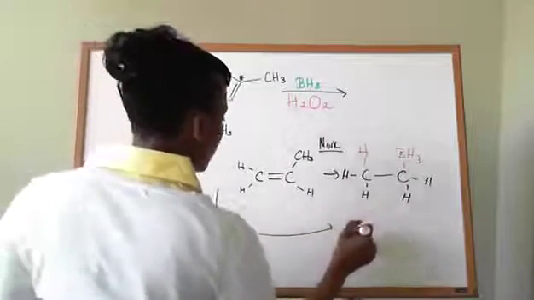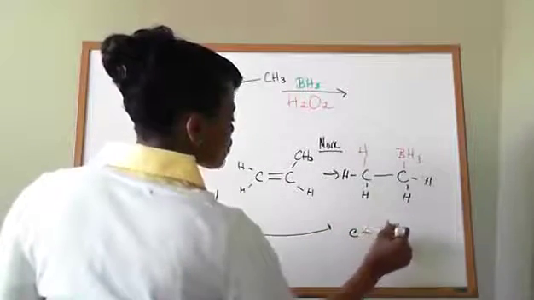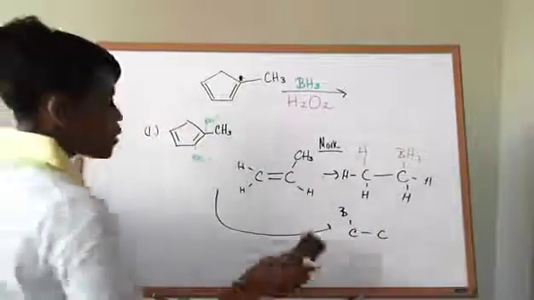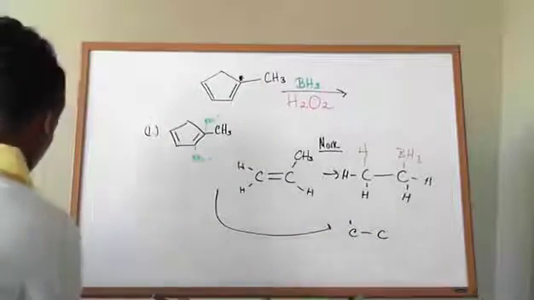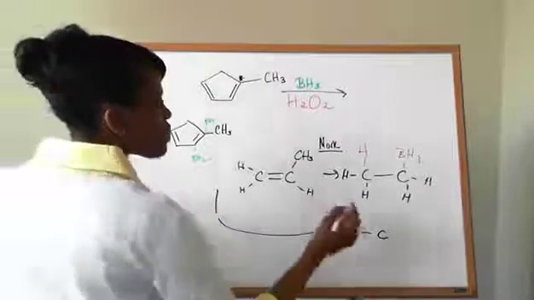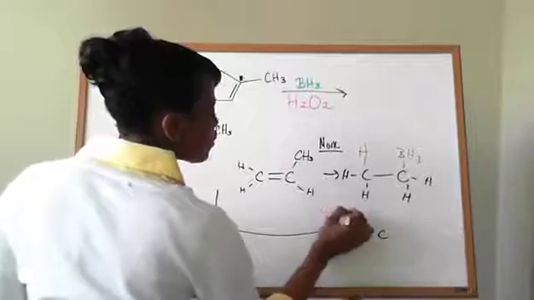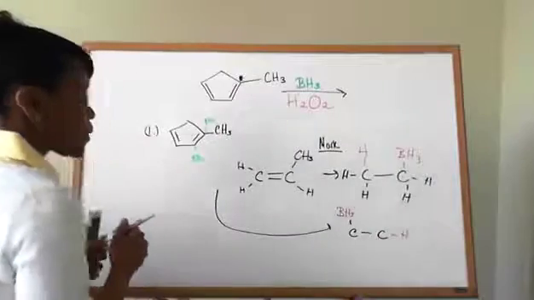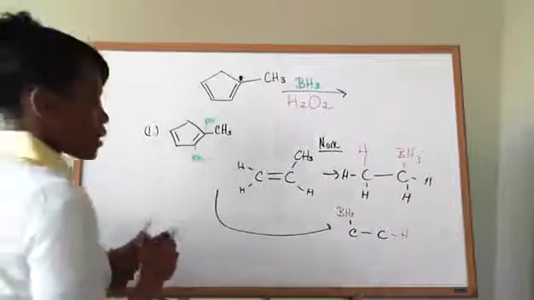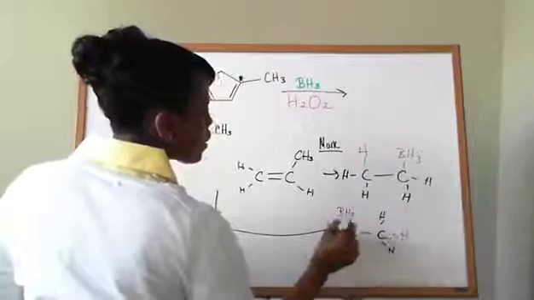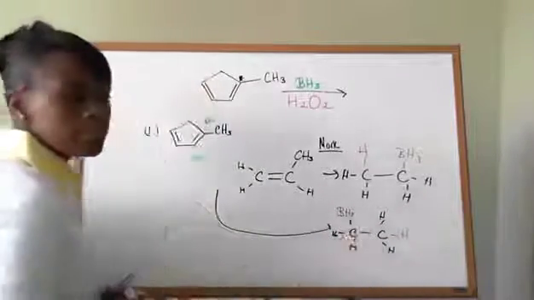We see the hydroboration process yield a situation, actually let's do it in another color, where the borane goes to the carbon that has more hydrogens. And then the hydrogen goes over here. So that's the opposite effect. This is called the anti-Markovnikov product.